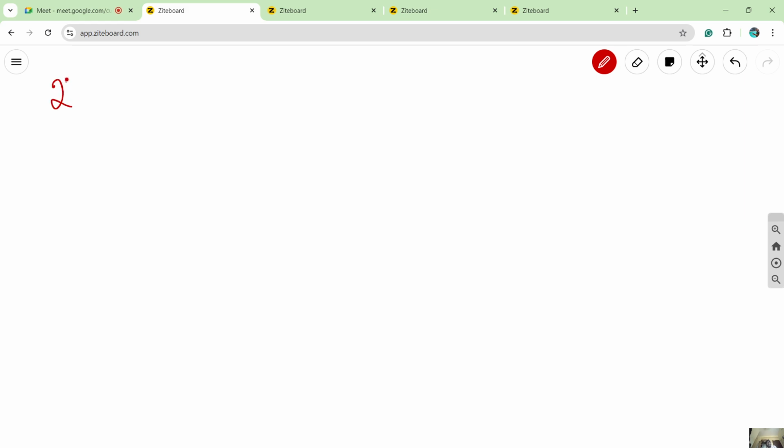The second question here. Now you have to calculate what is the Fourier transformation of delta t.